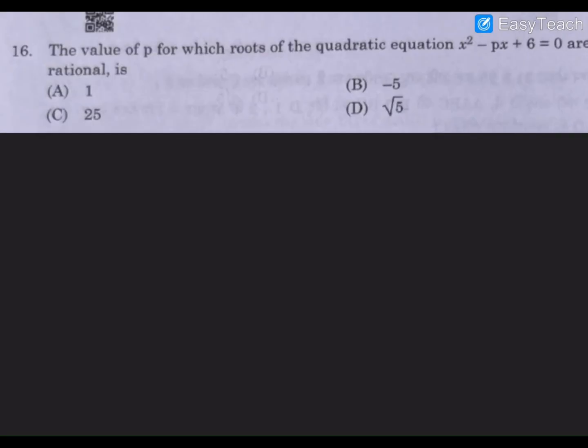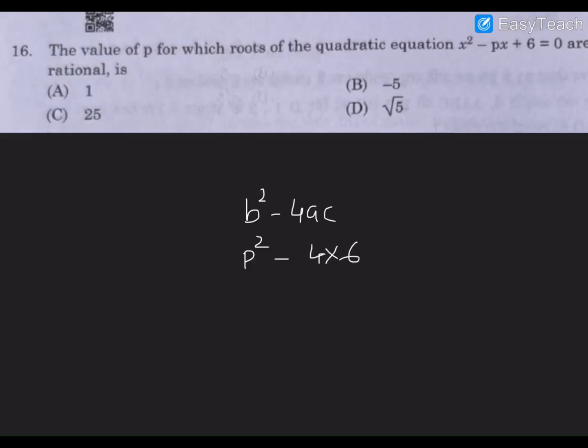Next, the value of b for which the roots of the equation are rational. So for rational roots, b square minus 4ac, the root of this should be a rational value, greater than or equal to 0. So when you calculate this, you get b square minus 4 into 6, which is 24.